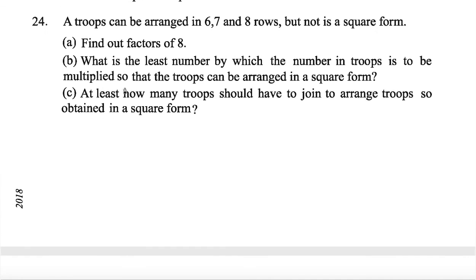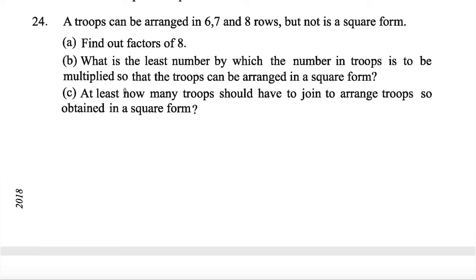Troops can be arranged in 6, 7 and 8 rows but not in a square form. What is the least number by which the number of troops is to be multiplied so that the troops can be arranged in square form?